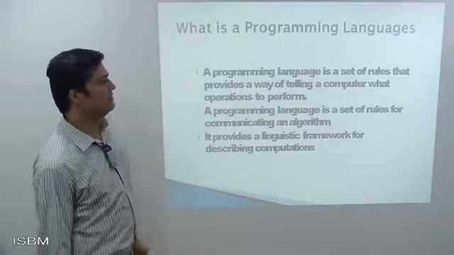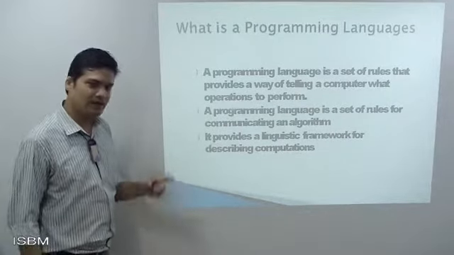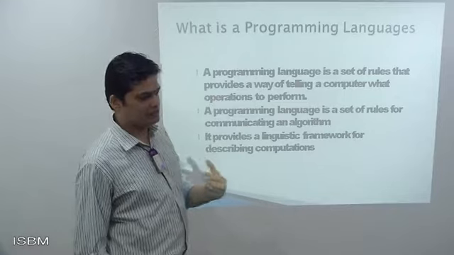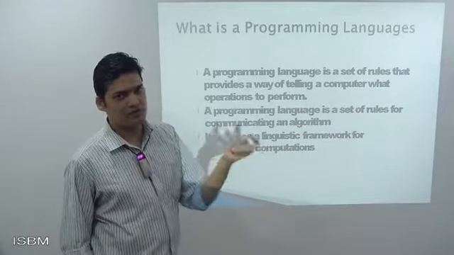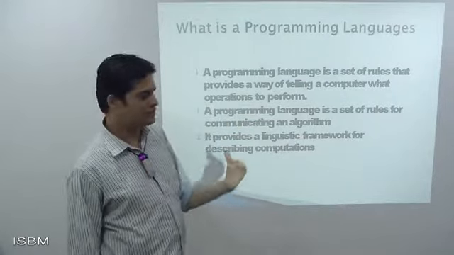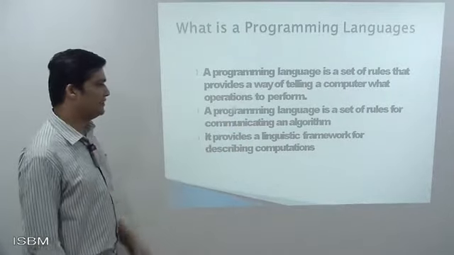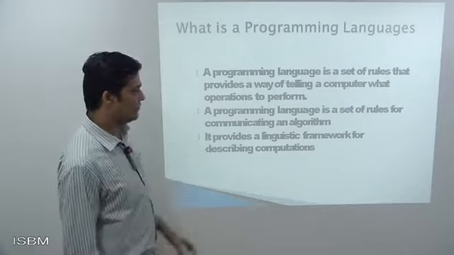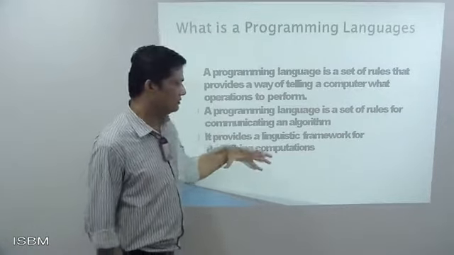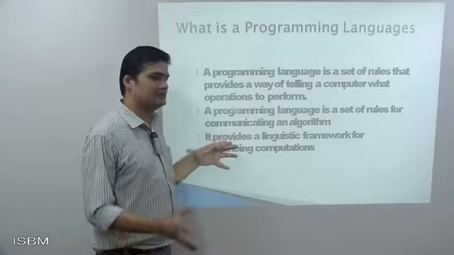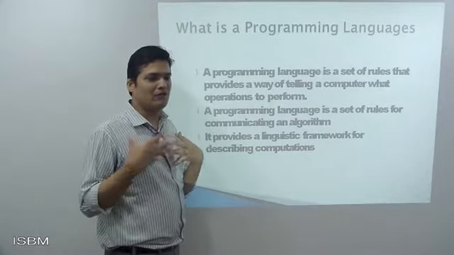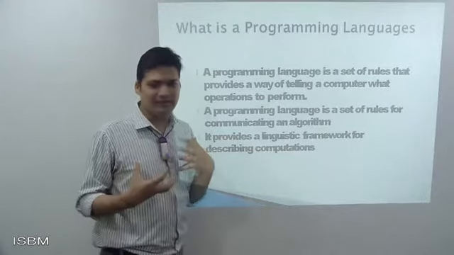A programming language is a set of rules for communicating an algorithm. If you want to communicate with your system, then obviously you require some algorithm. It provides a linguistic framework for describing computation. We require some framework so that the computer can understand my words, my thinking, my communication.